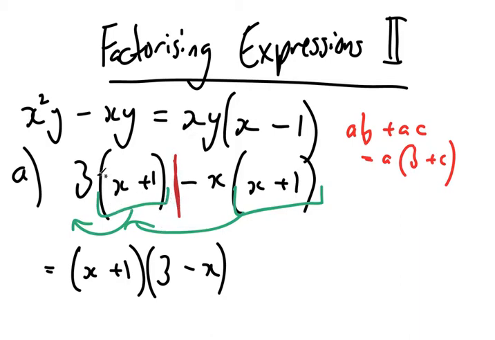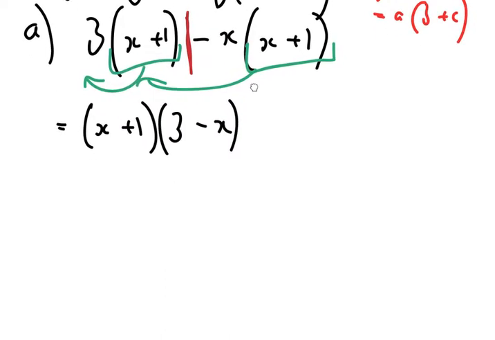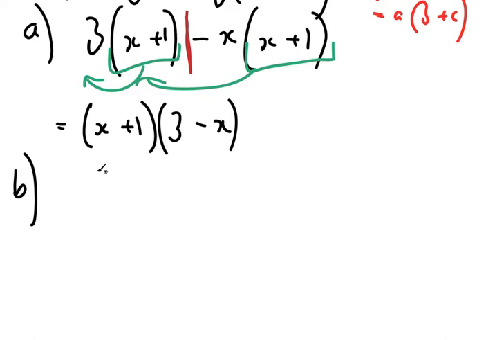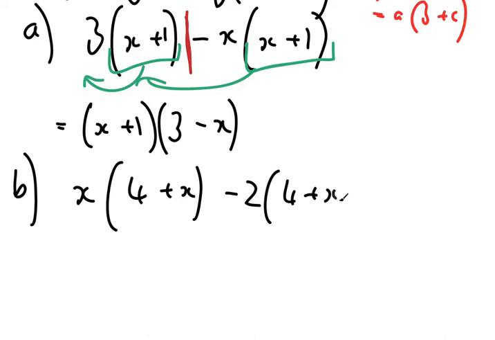Okay. Let's have a go at another one, because obviously this is a little bit tricky. So example B. Example B for banana. Let's factorize x times (4 plus x) minus 2 times (4 plus x) again.